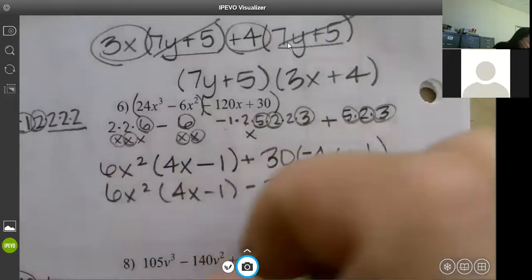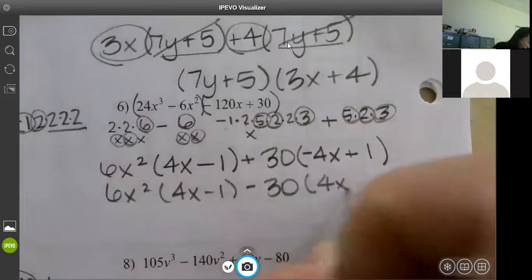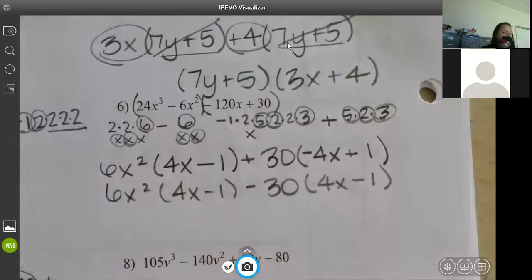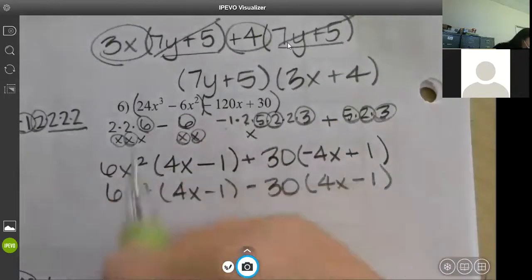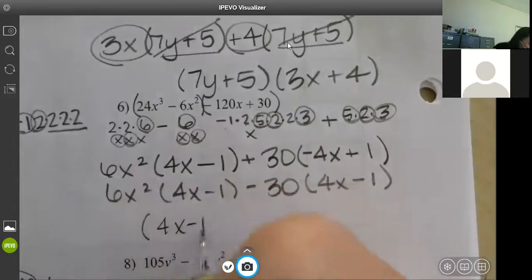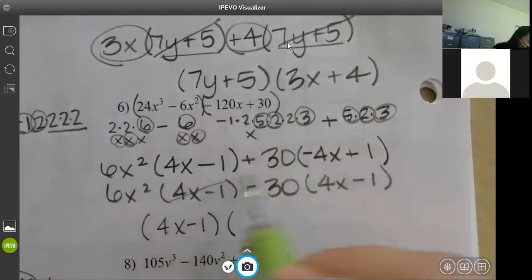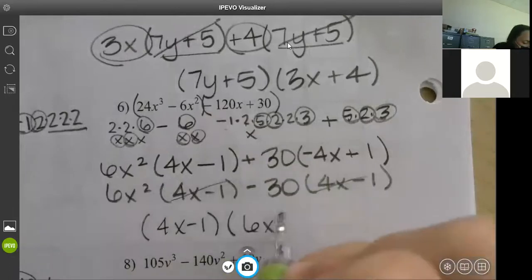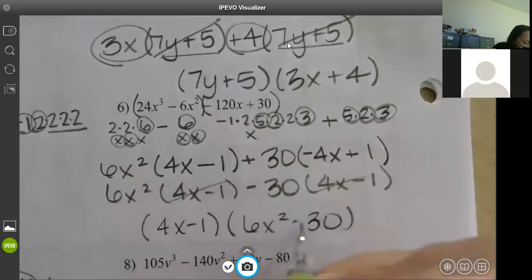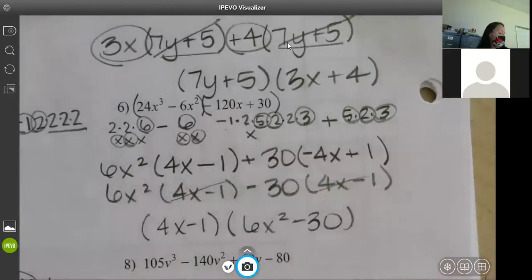The second one changes to a negative 30, positive 4, negative 1. Somebody different. What's your sets of parentheses? What's your like parts? 4x minus 1. Somebody else, what's the leftover? 6x squared minus 30. That's it. That's all you're doing.